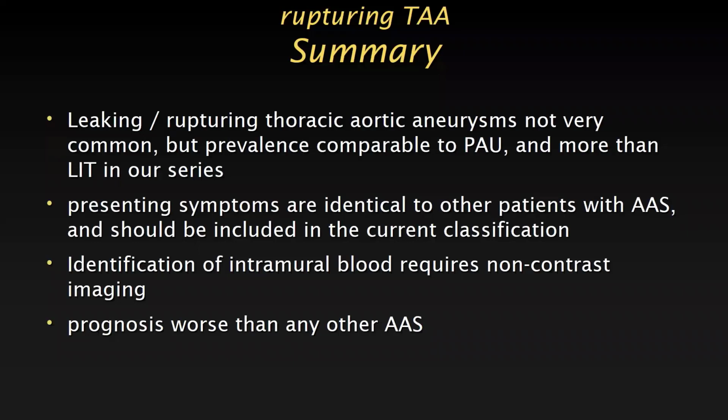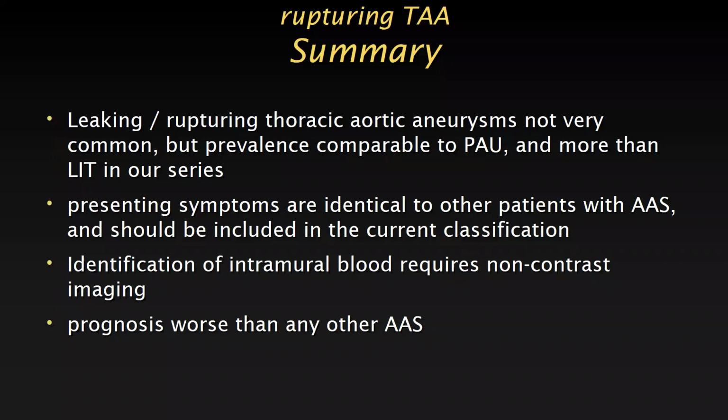So in summary, these leaking or rupturing thoracic aortic aneurysms are not very common, but they are about as common, maybe even more common than penetrating atherosclerotic ulcers, and they're a little more than limited intimal tears. The presenting symptoms are exactly the same as any other patient with acute aortic syndromes.